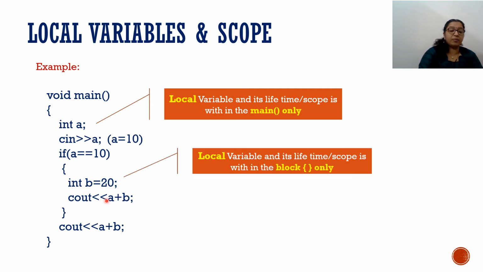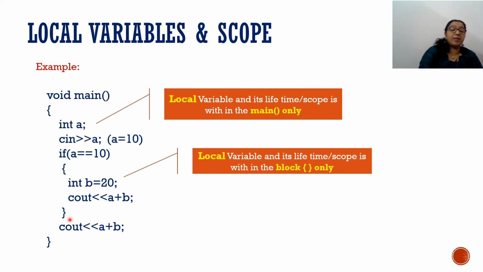Now, what about B? This is a local variable only, but its lifetime or scope is within the block only. Within the block means here to here. So main can't access this B. Main can't access this B. Why? Because the contents or the variables inside the internal block are not visible to the outer block.